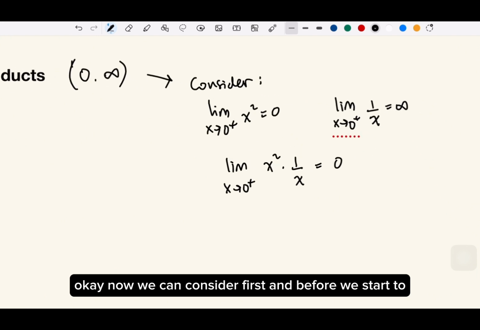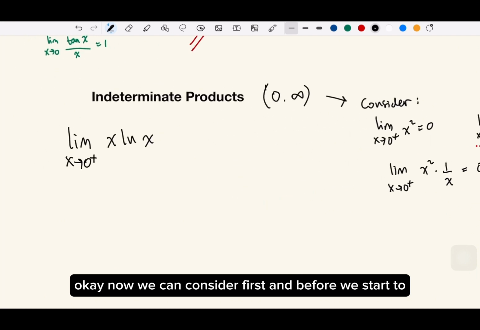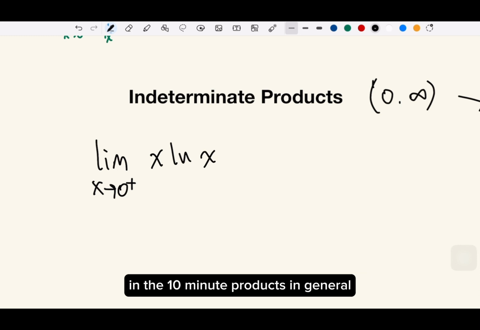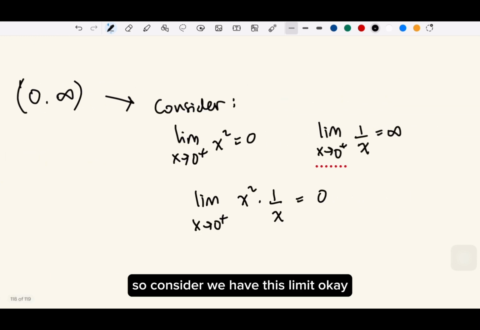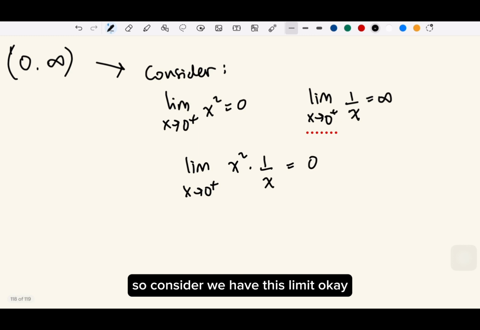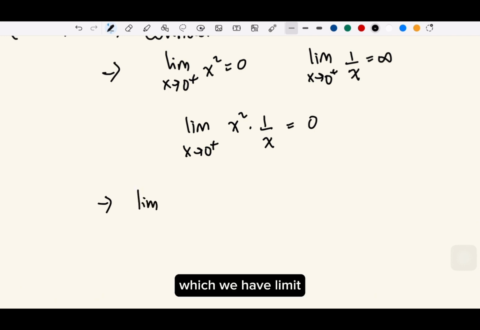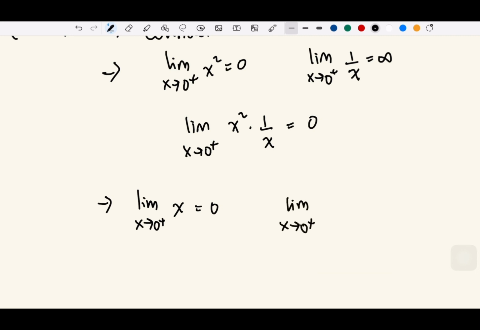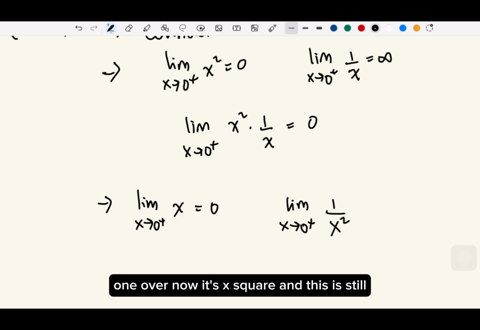Okay, before we start how to solve indeterminate products in general, consider we have this limit, and then we also have another one. So we have limit of x, this is equal to 0, right? And then we also have limit of 1 over x squared, and this is still infinity, right?